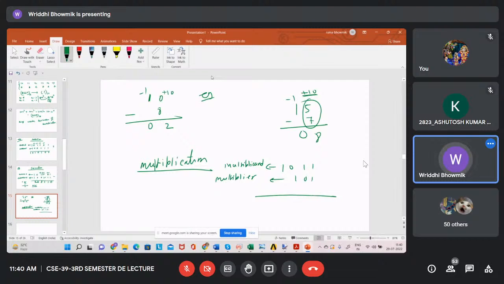And just do the multiplication, the same rule. 1011, then 0000, then 101100. Then you add them: 1, 1, 0, 1, 1, 1. Okay?